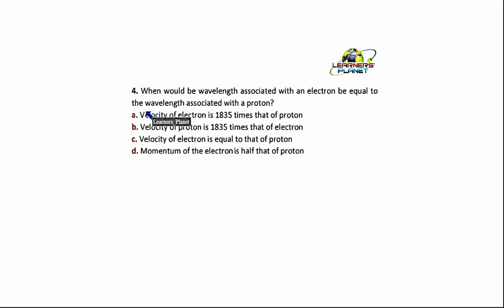When would the wavelength associated with an electron be equal to the wavelength associated with a proton? Now students, do you remember the de Broglie equation? It is lambda is equal to h upon mv. So your lambda is inversely proportional to mv.